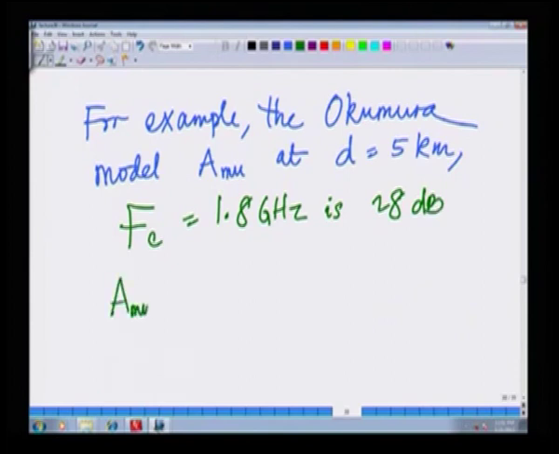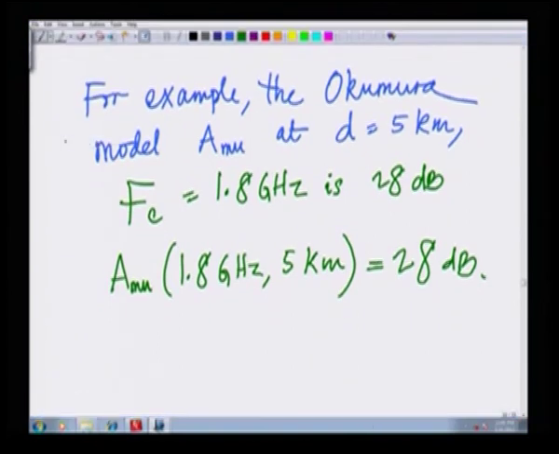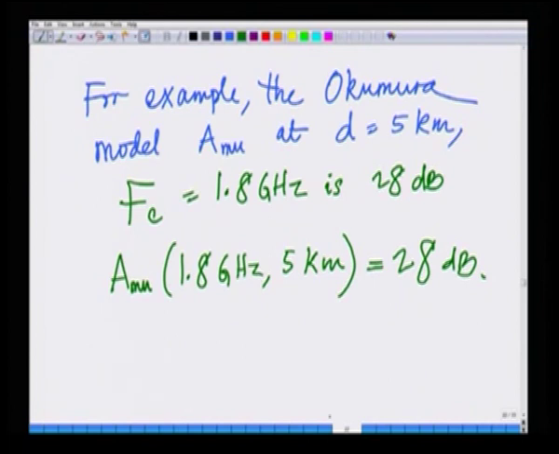That is, A mu of 1.8 gigahertz at distance 5 kilometers is nothing but 28 dB. So, in this example the A mu factor is 28 dB.